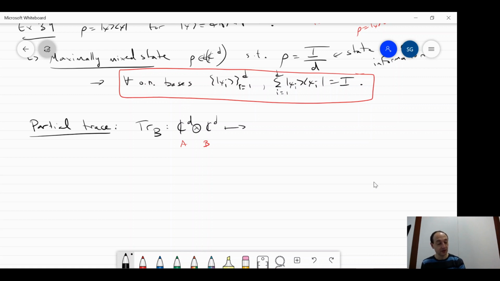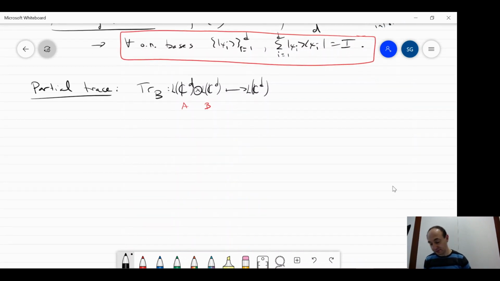So it's not going to take me all the way down to a scalar like the usual trace. It's just going to take the second system down into a scalar. The first system is still going to stay like a matrix. Oh, sorry, I should be a bit more careful. These are linear operators on the space.